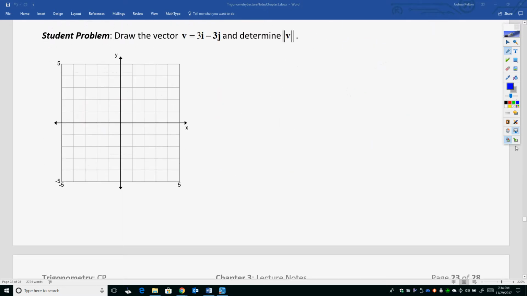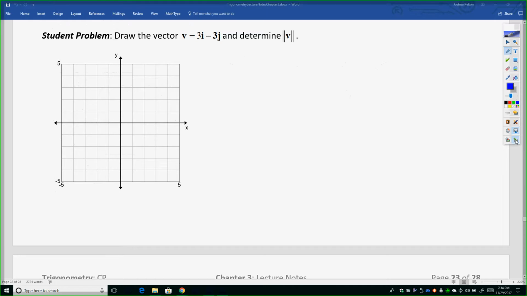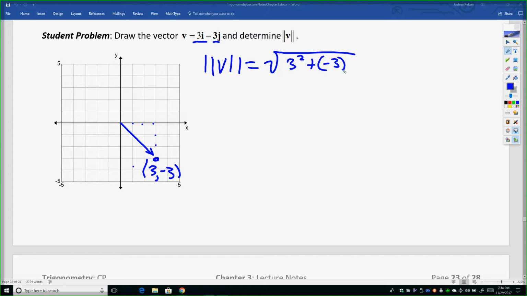Pause the video. Okay, so this vector is 3, -3. So 3, -3 puts me right here. So that point is 3, -3, and we want to know the magnitude now. The magnitude is going to be the square root of 3 squared plus -3 squared.